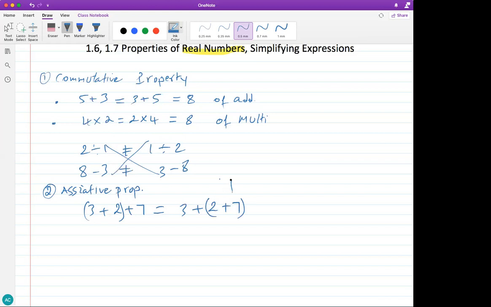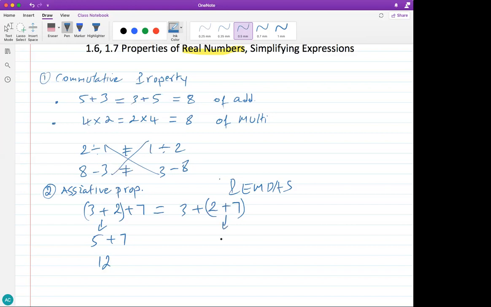According to the order of operations, PEMDAS, what do we do first? For example, here in this one, where do you start from? In the parentheses. That's right, so we're going to start from the parentheses. So we evaluate this first, 5 plus 7, which is 12. But for this one, we have to start from the parentheses also.